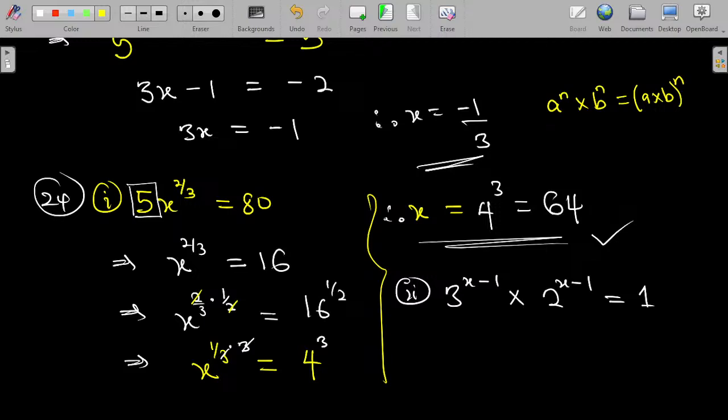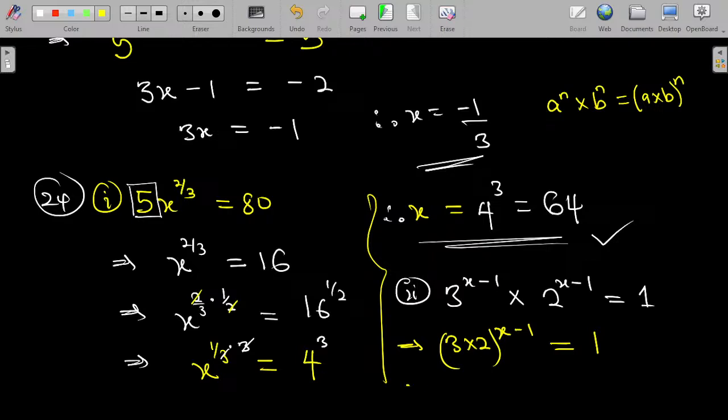So what it means is that if you open up a bracket where there is multiplication, the power would distribute over the terms in that multiplication. So this is going to give me, I can bring 2 times 3 into the bracket. Since both of them have the power x minus 1, I will bring it out of the bracket, and that is equal to 1.